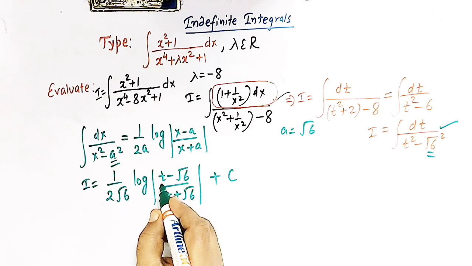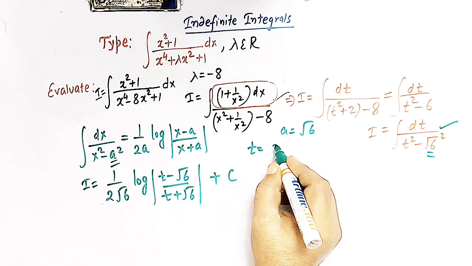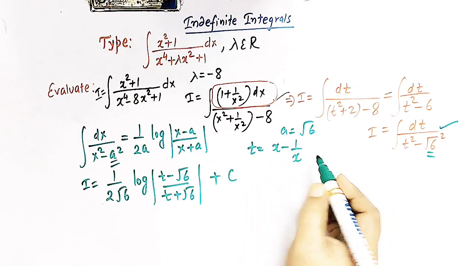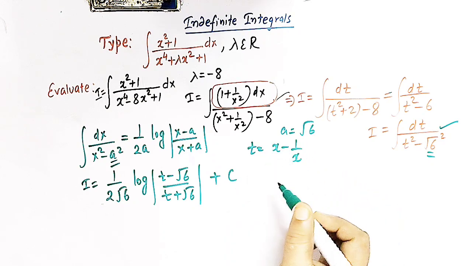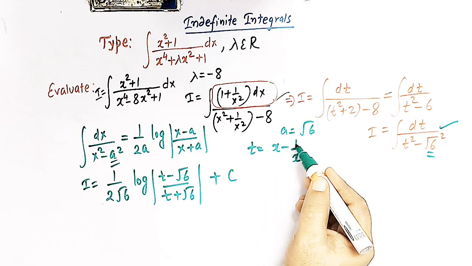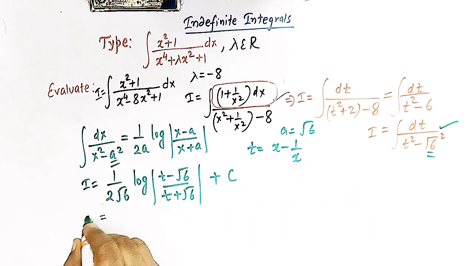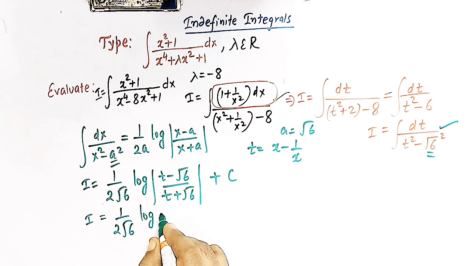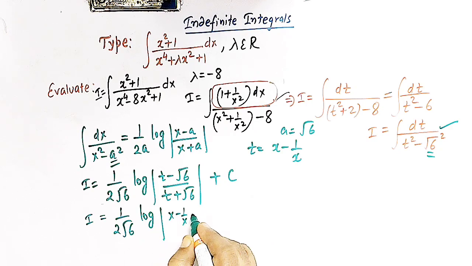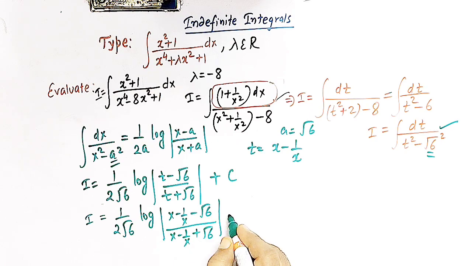So now let us replace this t by x minus 1 over x, because in the beginning we assumed that t is equal to x minus 1 over x. So we have I is equal to 1 over 2 times square root of 6, and then we have log of x minus 1 over x minus root 6, and in the denominator we have x minus 1 over x plus square root of 6, and c is the constant of integration.